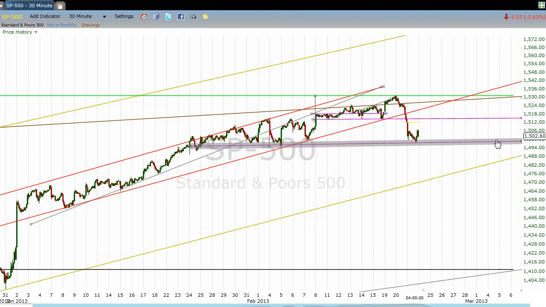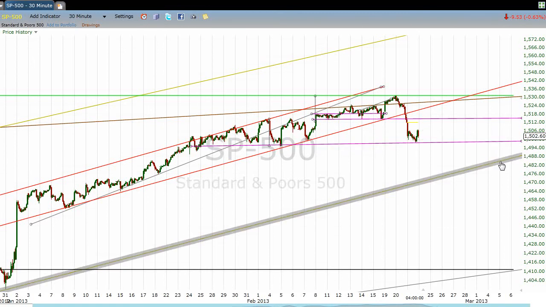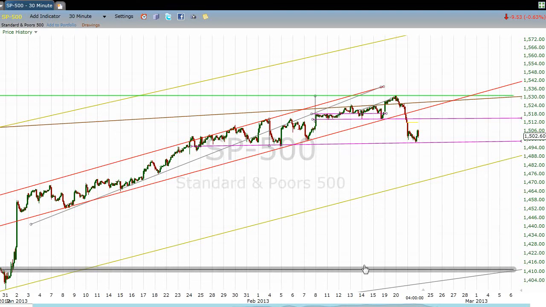And if we do get that pattern and it breaks down, then we have to consider the implications of what it would mean to take this line out, because if this were to happen, this line would likely go. In which case, we're probably looking at getting back down to late 2012 levels, which would be great.